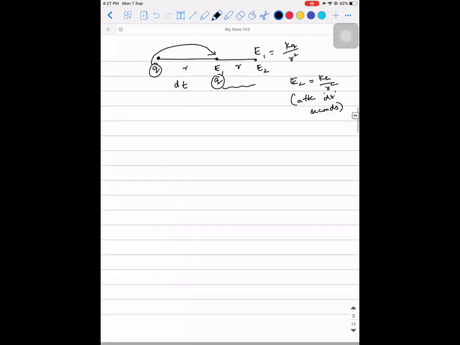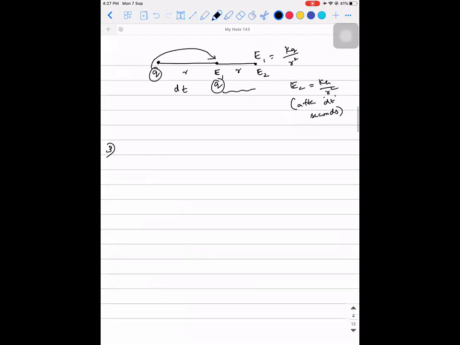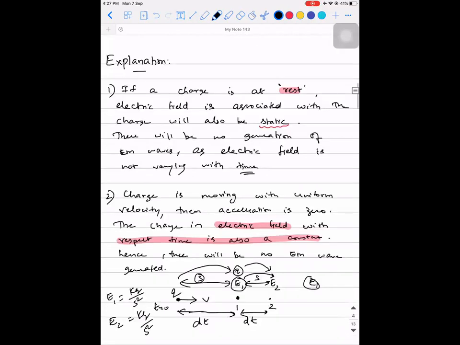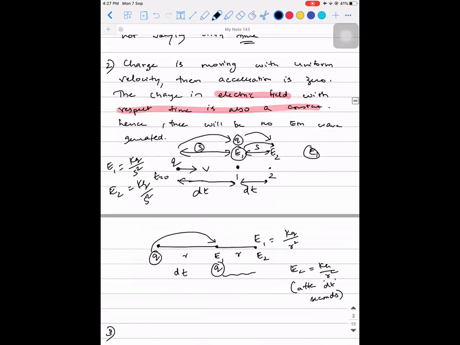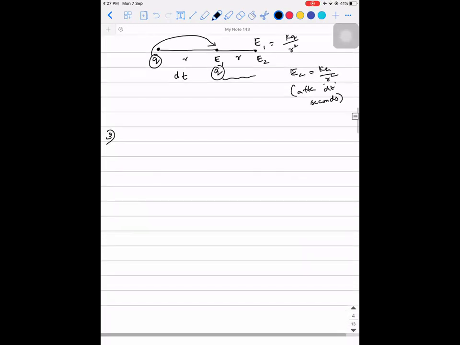So third, what can you do to this one? We are talking only about charge. Initially, we put the charge at rest. Secondly, we put the charge in motion with uniform velocity. Third, what will we try to do?